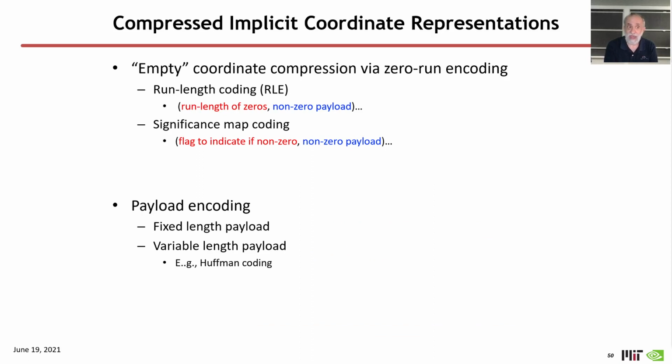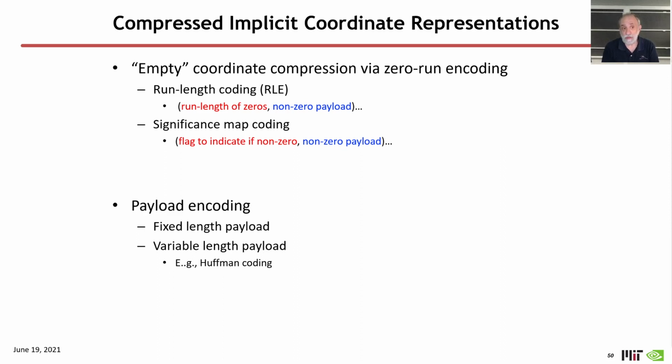As I said, I could have empty coordinate compression via zero run length encoding. That could be either standard run length encoding, where every element of the fiber is a tuple. One piece of that tuple is the run length of zeros preceding this non-zero payload, and then you put the payload into the second element of the tuple.